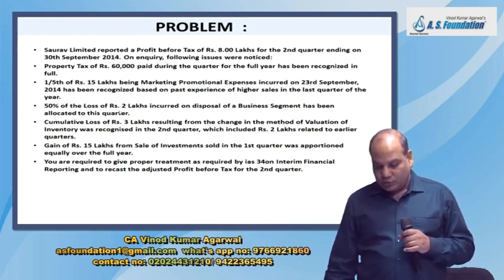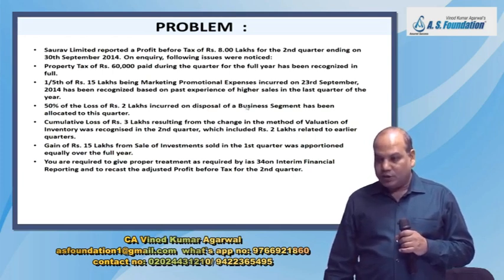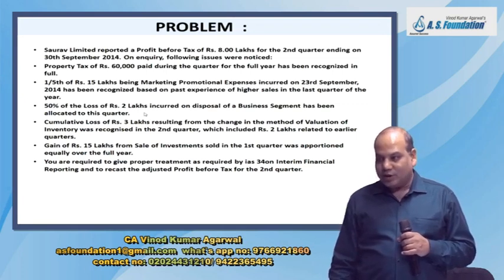50% of the loss of rupees 2 lakh incurred on disposal of a business segment has been allocated to this quarter. Now is it right? One question we solved just now, 18 number. Entire loss will be allocated to this quarter only. Is it right?